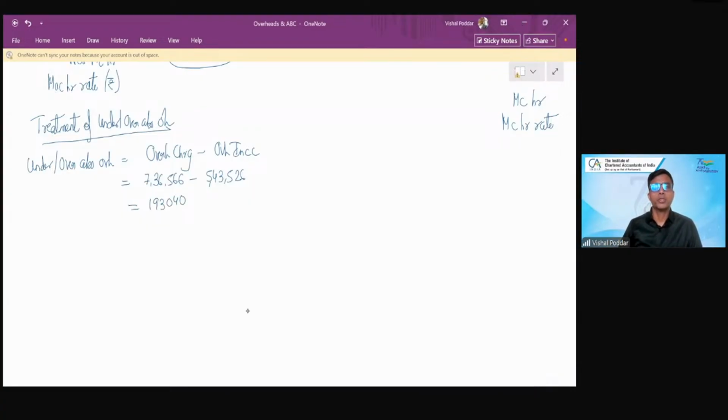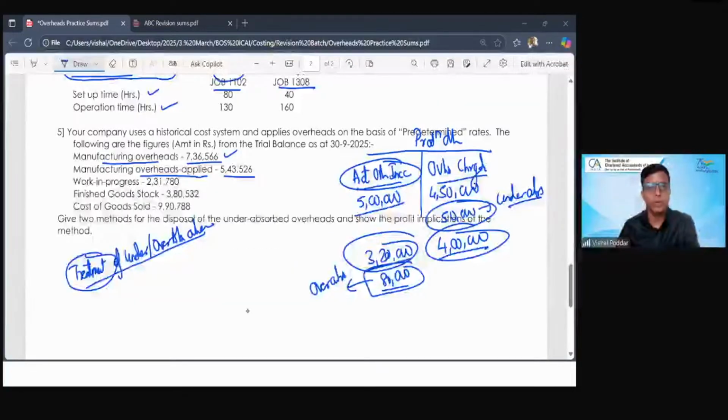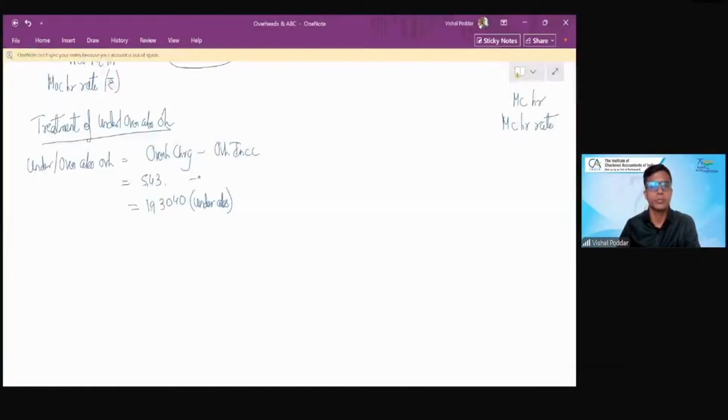Now, here my charged is more, my incurred is less. So this is under absorption. Because, sorry, students, I have written the figures opposite. 543,526.